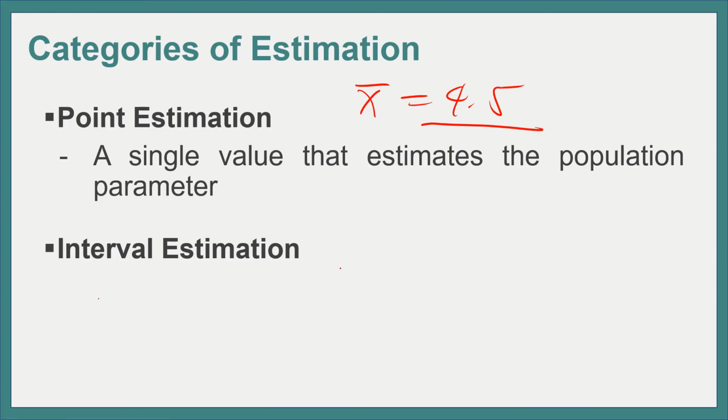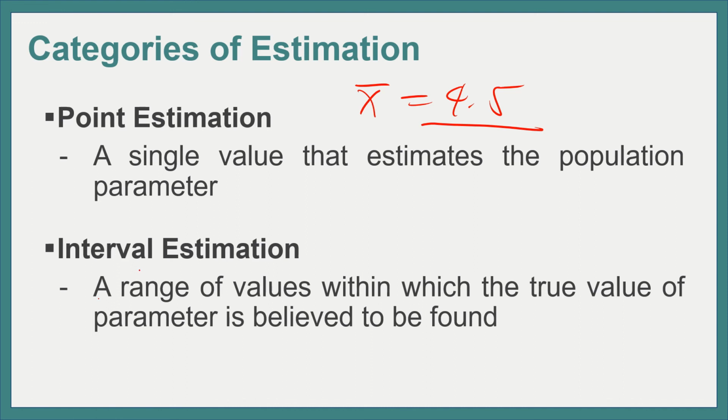On the other hand, we have interval estimation. Instead of using a single value, we have a range of values within which we assume that the true value of the parameter is believed to be found. For example, we can say that the true population mean is from 2 until 5.